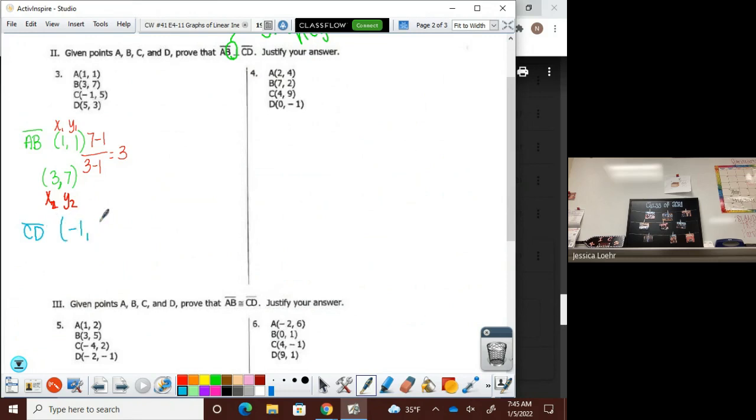CD, your points are -1, 5, and 5, 3. And I'm plugging it into the slope formula. X1, Y1, X2, Y2.